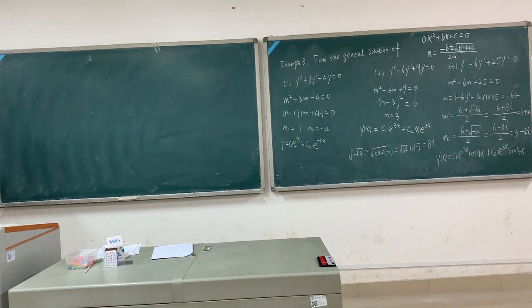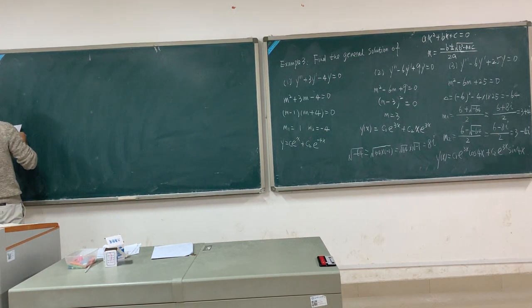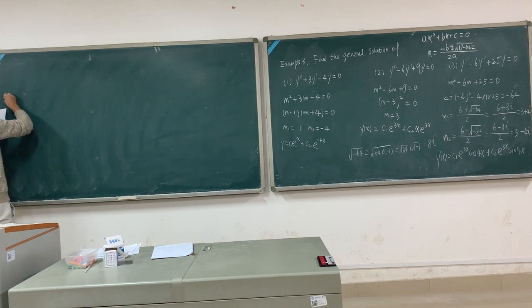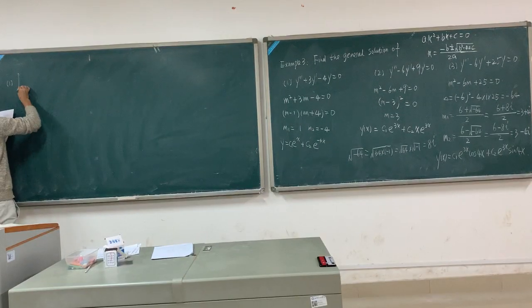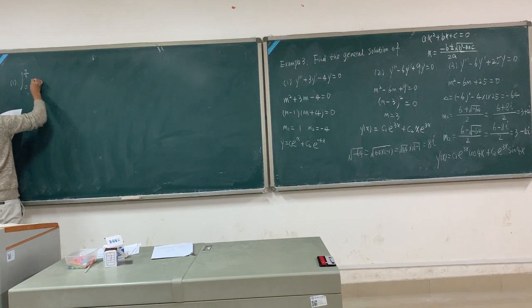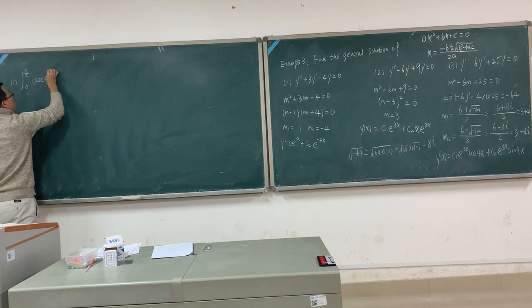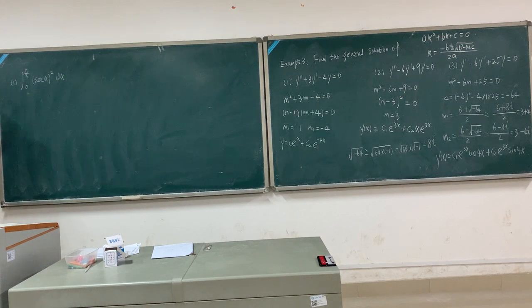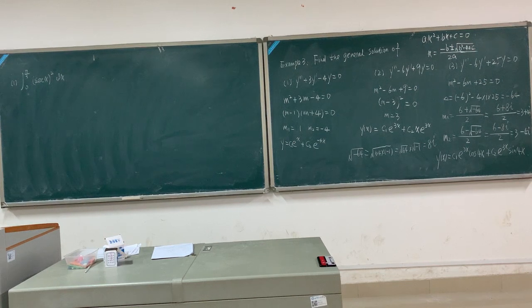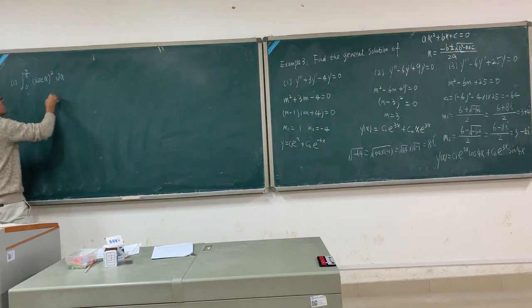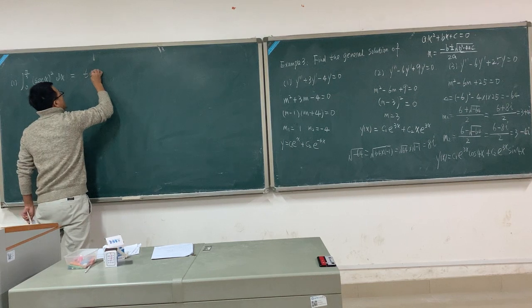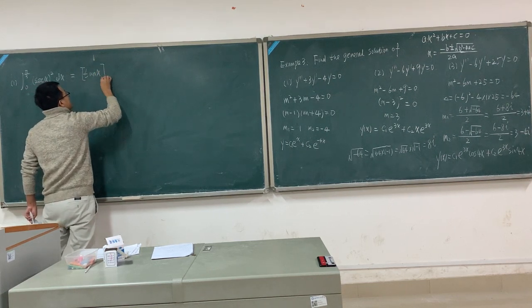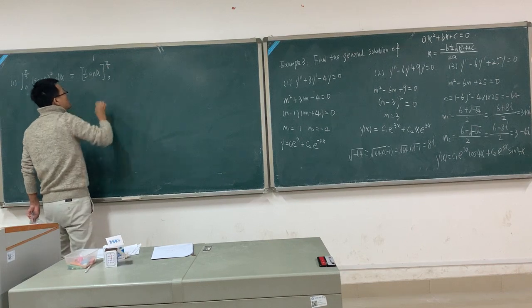Now, for the second, evaluate the following definite integrals. The first one is the integral from 0 to pi/3 of sec squared x dx. This is very easy. You just need to remember which function has derivative equal to sec squared: tangent. So this is tangent x evaluated at pi/3 minus evaluated at 0.